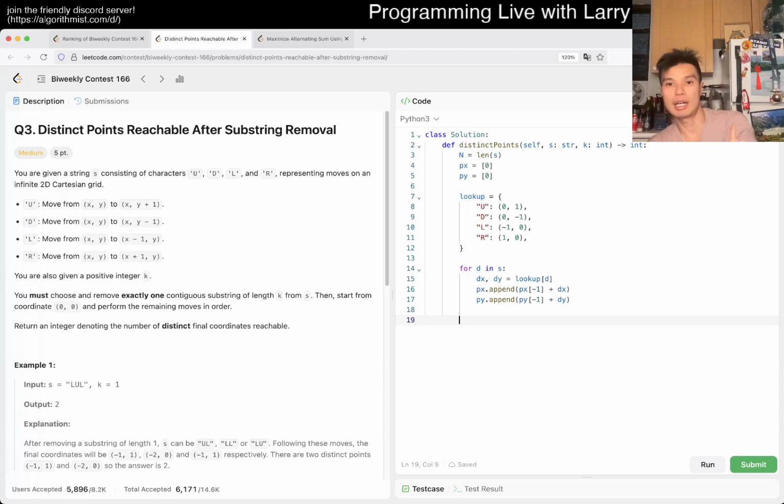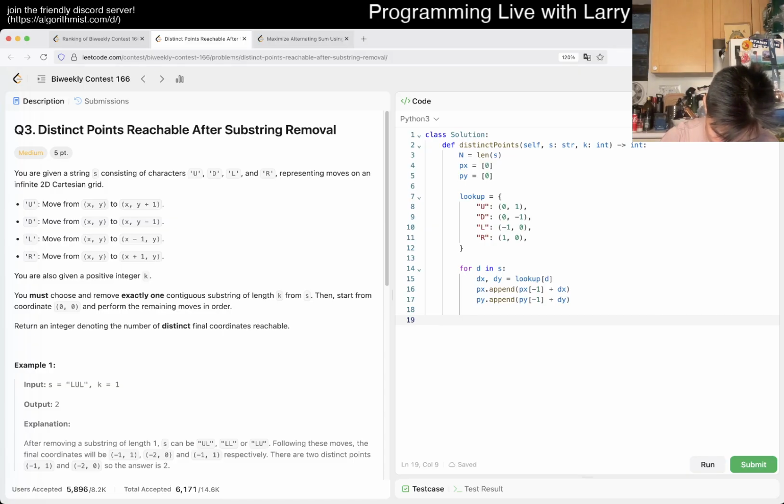So then now substring length k. Okay, now I need a notebook. I mean, I don't need it, but I always have to make sure a little bit. Okay, so we have the full thing.